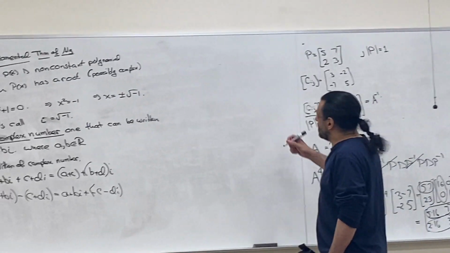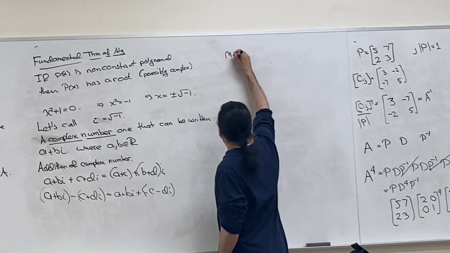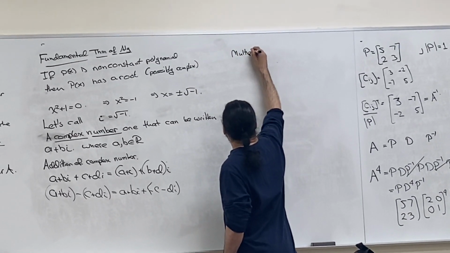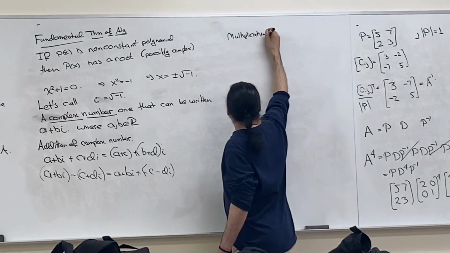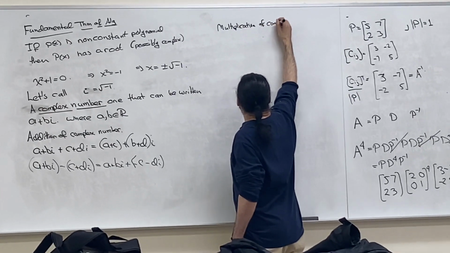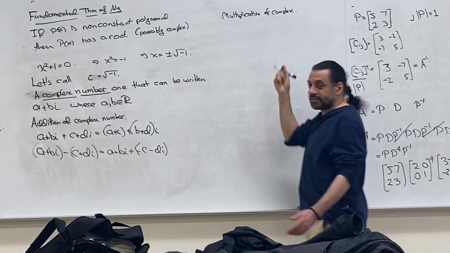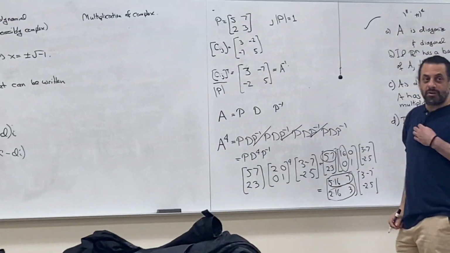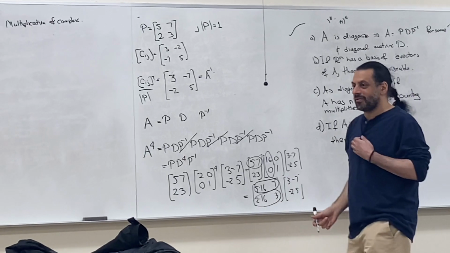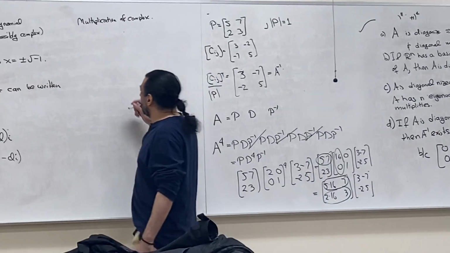Maybe we say multiplication of complex numbers. And I would say it's just like usual multiplication, except I have to remember i times i is minus 1.